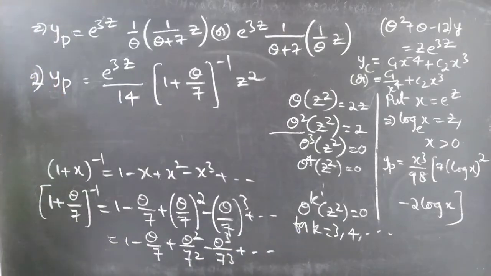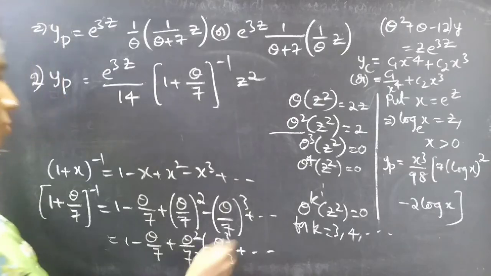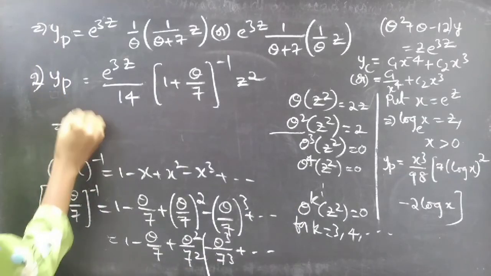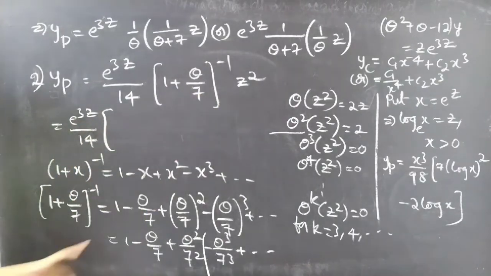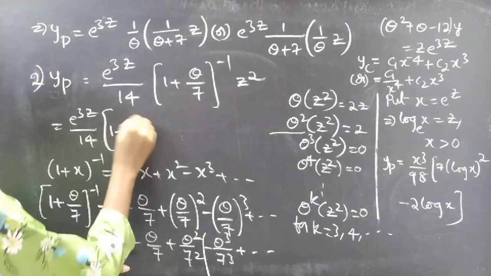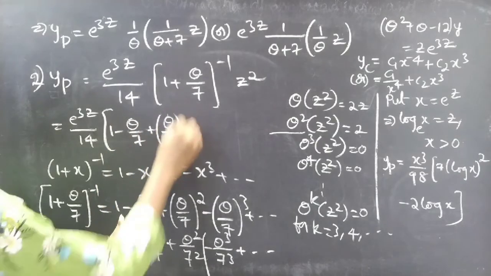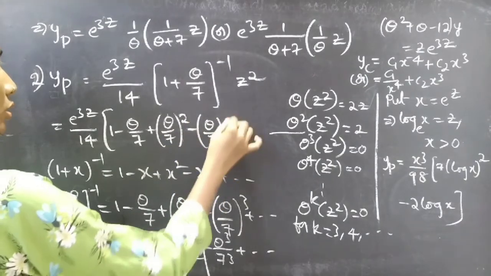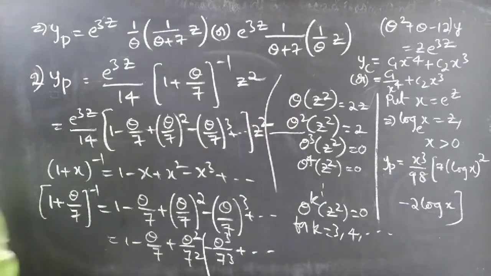We know that all the derivatives of z square from theta cube onwards are 0, so we'll neglect all the terms from here. We'll get only the first 3 terms. Now coming to yp, write the expansion here: 1 minus theta by 7 plus (theta by 7) whole square minus (theta by 7) whole cube plus so on, into z square.